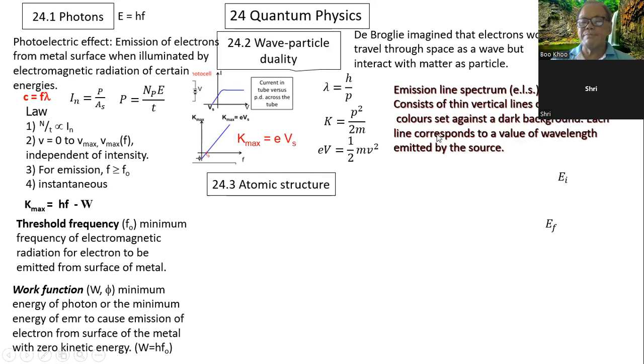Now what is emission line spectrum? Okay, this is the initial level, or E to E, the n+1 level. This is the nth level, or final level.